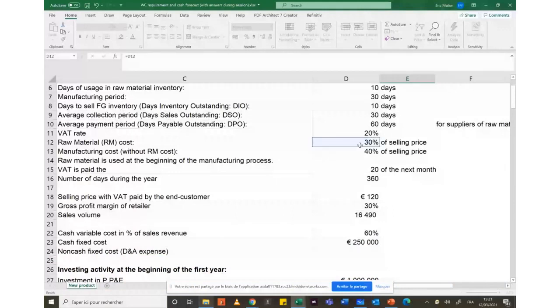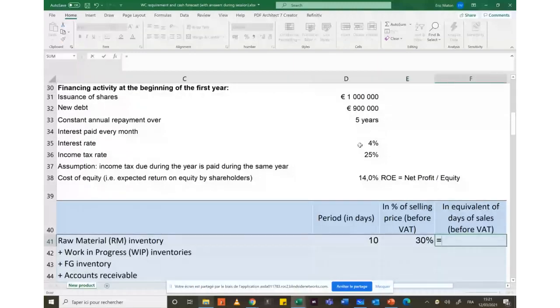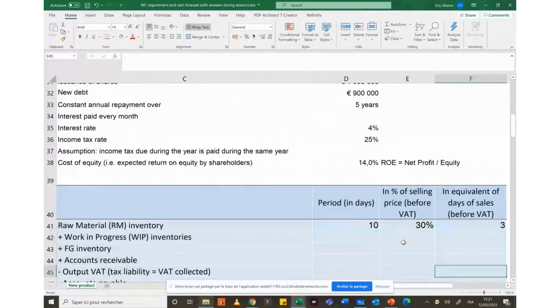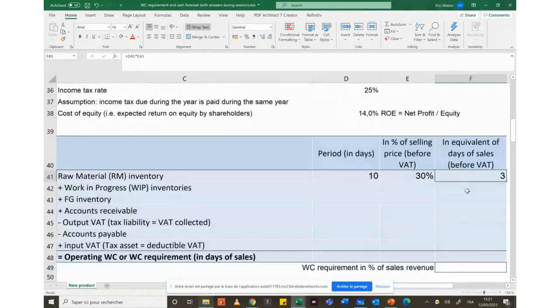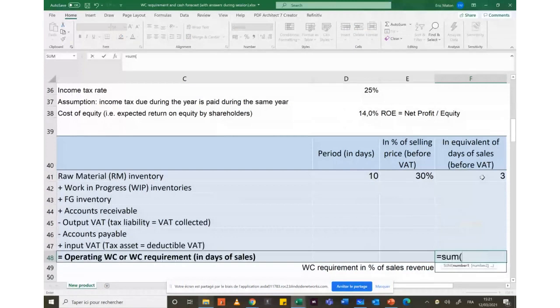So what you can expect as the raw material inventory in days of sales revenue, it's 10, but multiplied by 30%. So now we express in function of the sales revenue, because with this column, we want to add everything from this column. So we want something coherent because everything is already in function of the sales revenue.